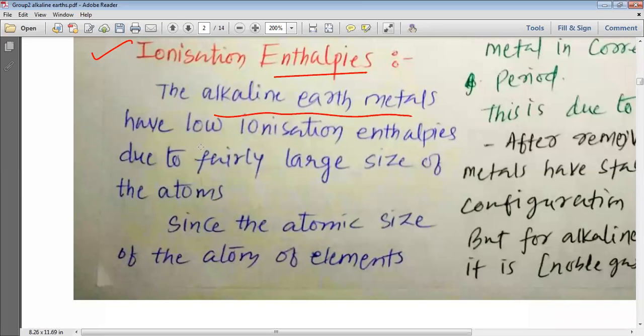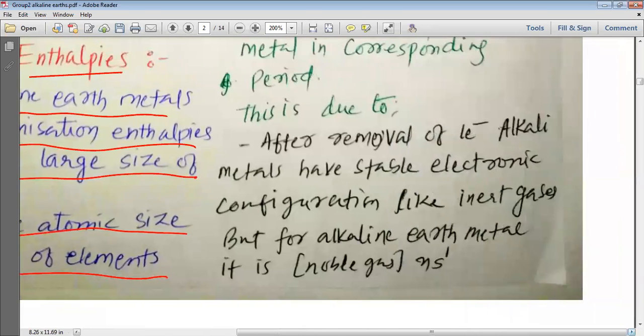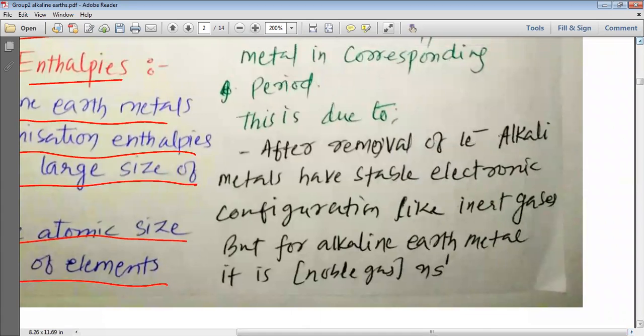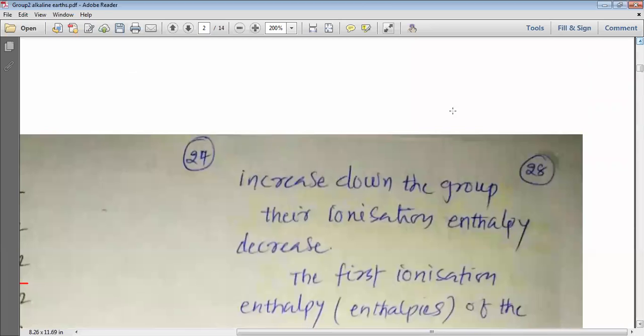The alkaline earth metals have lower ionization enthalpy due to fairly large size of the atom. Since the atomic size of the atom of the element increases down the group, their ionization enthalpy decreases down the group.